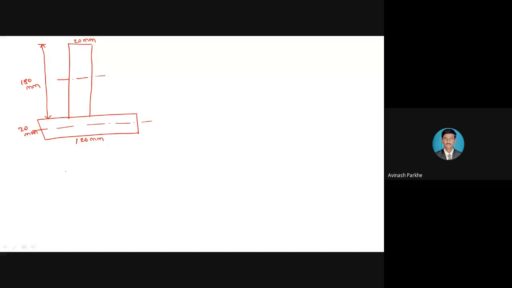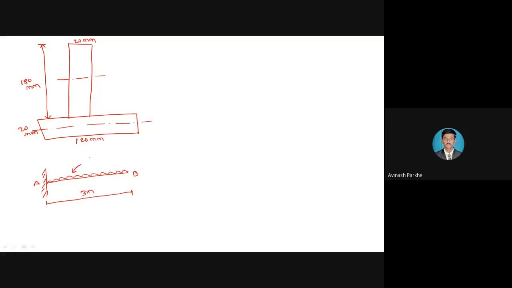This inverted T section, the type of beam is also mentioned as a cantilever beam. Point A, point B. Length of the beam is also given as 3 meter.